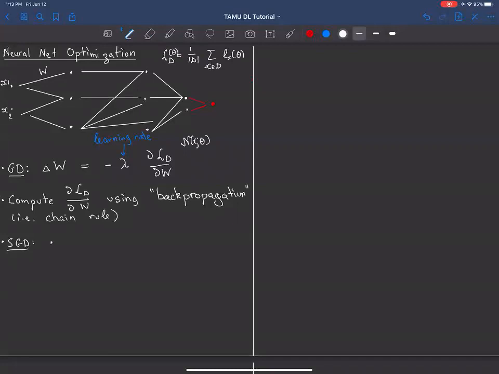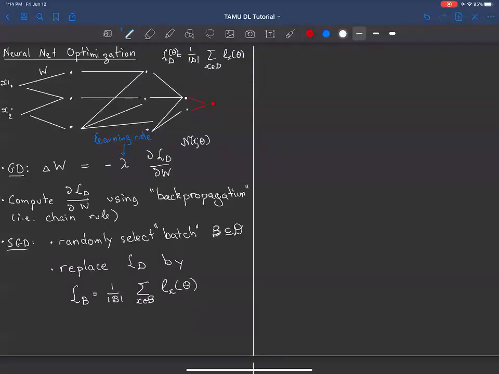Here's how SGD works. To make a step, you start by randomly selecting a batch, as it's called, which is just a subset B of the data set. B could have one data point in it, or it could have 100 data points. It depends, and we'll talk about that. Then rather than computing the full loss, you replace the loss over your data set by the batch loss, L sub B, which is nothing more than the average over your batch, the sum over elements of your batch, of the loss on each element.